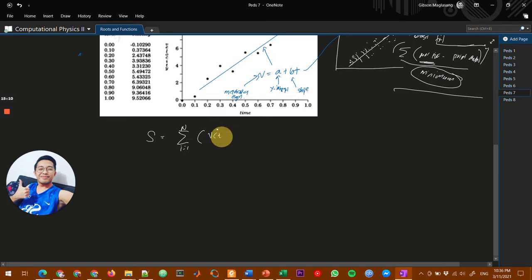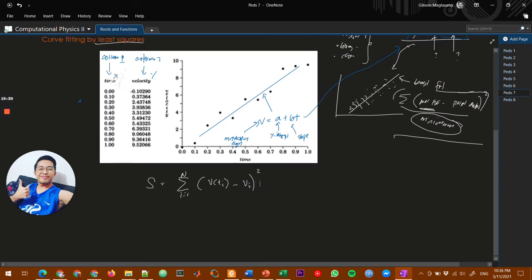This is the theoretical minus the data. So you take the difference and then you square. This is the equation of the line, and this is the data. It's important that we determine this in such a way that the sum should be minimum.